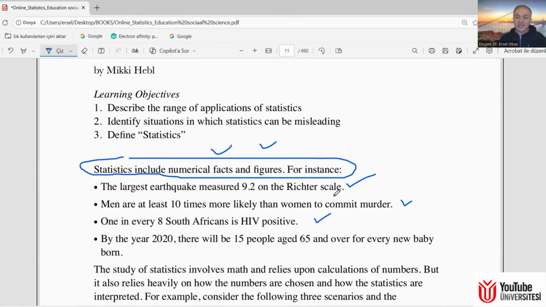Men are at least 10 times more likely than women to commit murder. This is another statistic. 1 in every 8 South Africans is HIV positive. Those are all statistics. It means statistics is about numerical facts and figures.